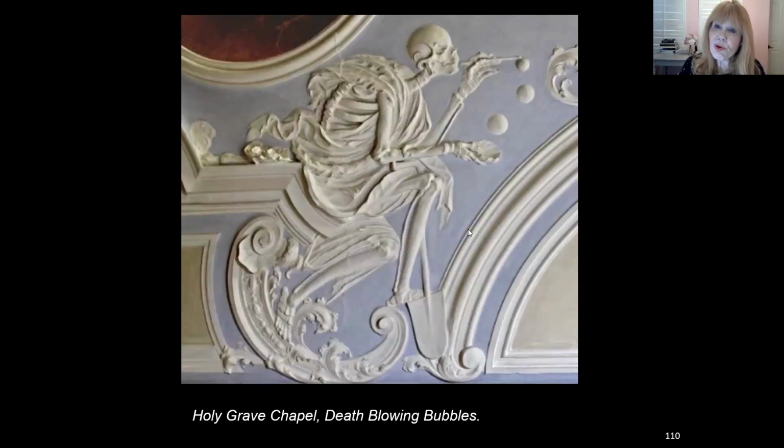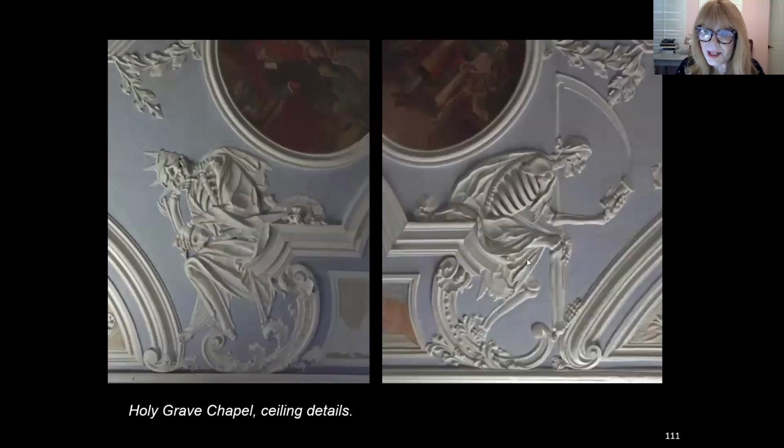And they have to do with the fleetingness of life and understanding that time goes quickly. So this is probably the most famous one of the plaster works of death blowing bubbles. And here the skeleton is holding an hourglass, all very beautiful in this Rococo style.